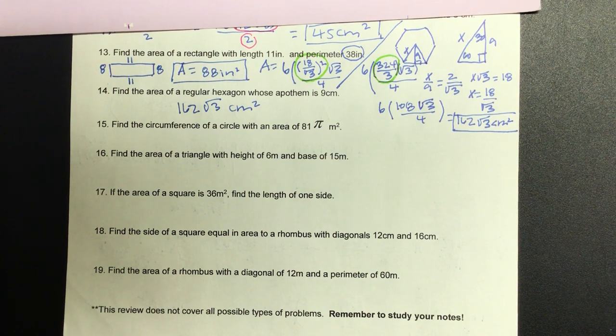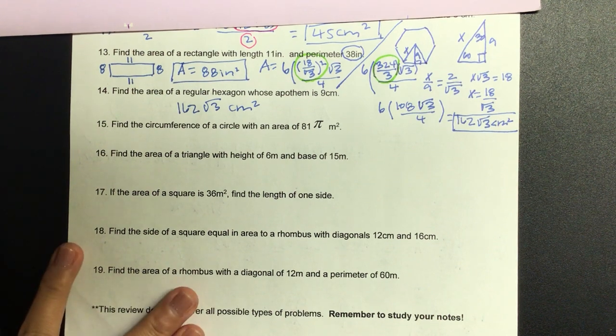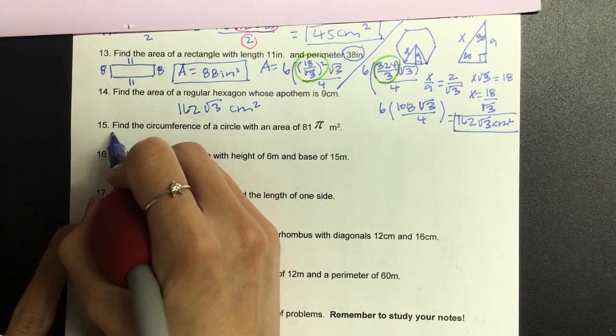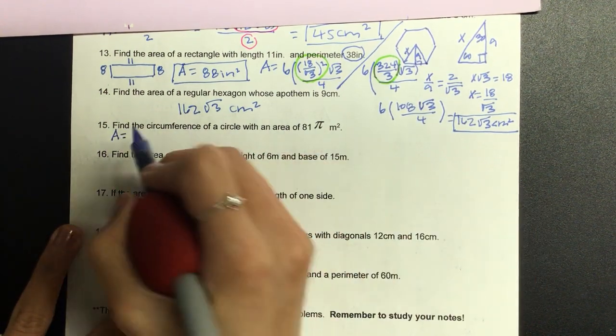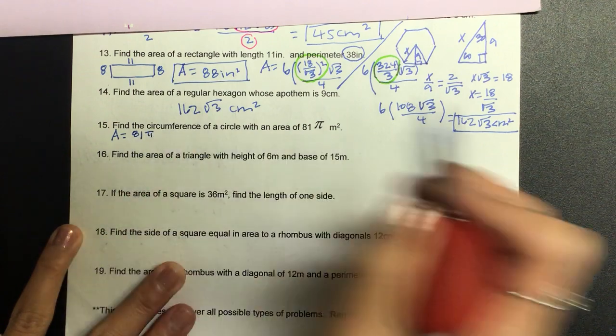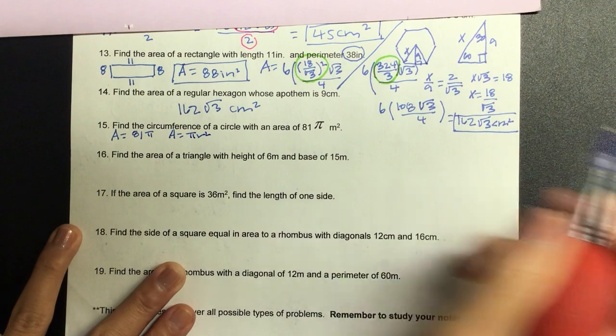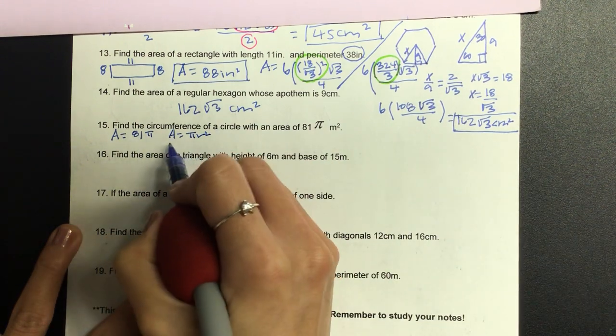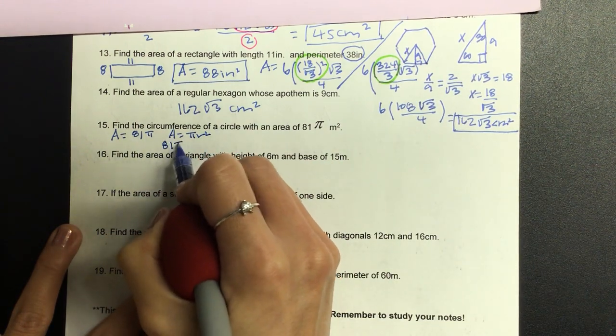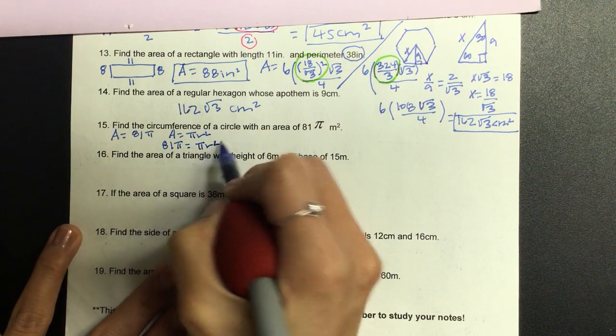Okay, Michael, let's read number 15. Find the circumference of a circle with an area of 81 pi meters squared. So since we're given the area, we start with that one. So we have area is equal to 81 pi. And we know our formula for the area is pi r squared. When I plug it in, I'm plugging in 81 pi into the A in pi r squared.